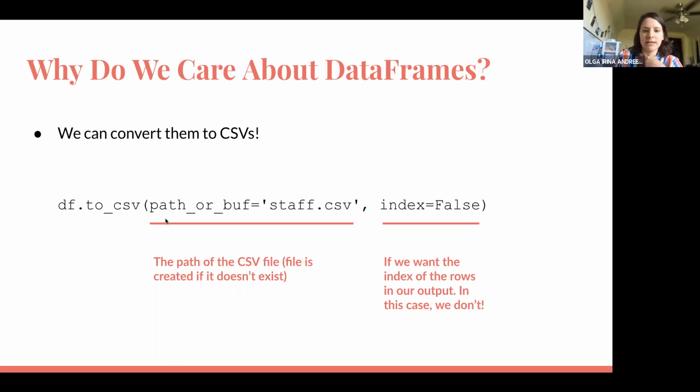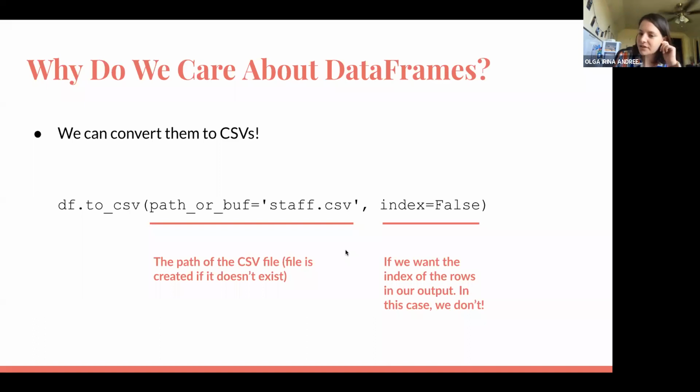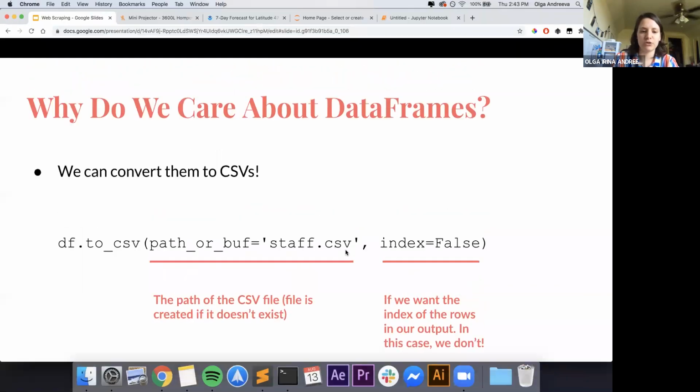The first one is the path of that CSV file. If it doesn't exist, it'll create it for you. The next one is whether we want the index of the rows to show up. So that's 0, 1, and 2. Most of the time, I don't want that to show up in my CSV, so I just have the index be false. But if you ever want to, you can say true there.